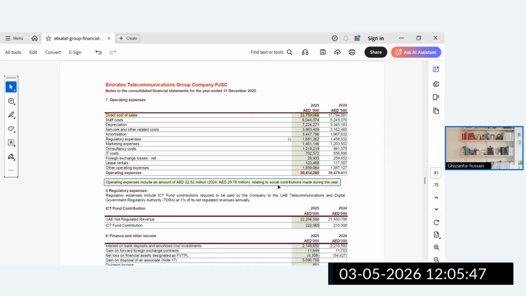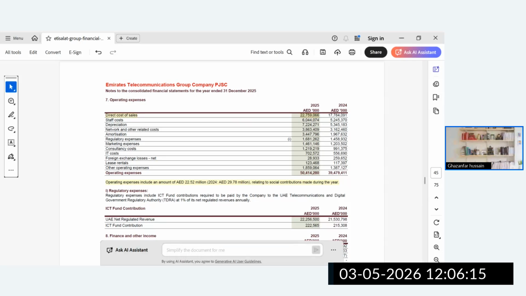Now we have to understand whether they made the social contribution to an approved scheme or a non-approved scheme. If it's an approved scheme, it will be deductible. If non-approved, it's non-deductible.